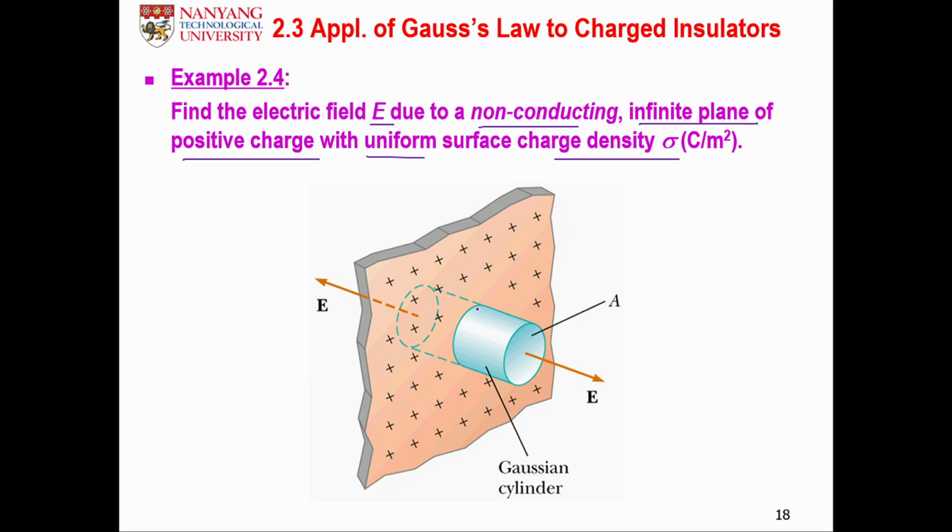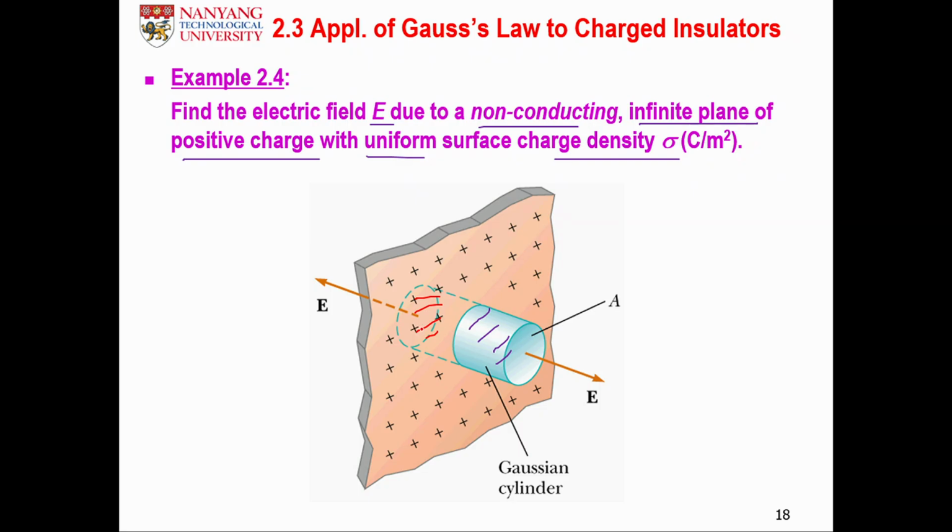The solid line portion is above this charge plate, and the dashed line region is below the charge plate. So basically, this Gaussian cylinder penetrates through the charge plate.